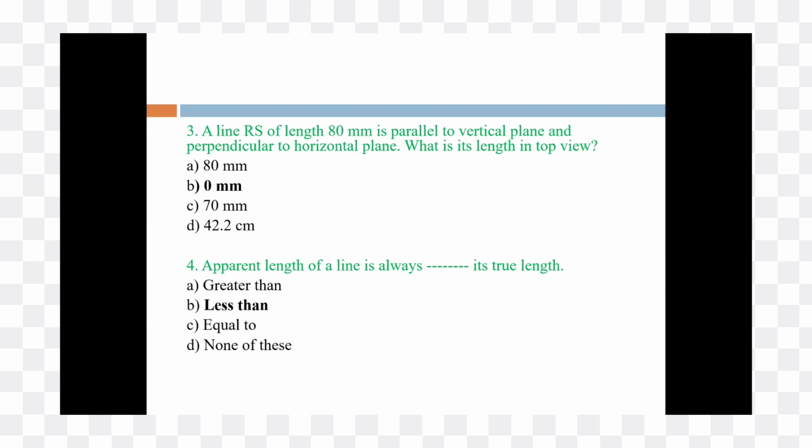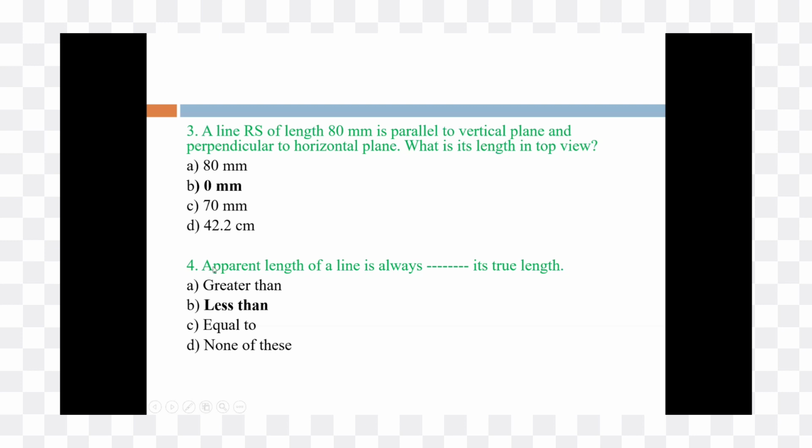In the previous one they asked the length of the line in the front view, and here they ask what will be the length in the top view. As I told in the second question, in the top view we get a point view. That means the length we get in the top view will definitely be 0. That's why the answer B is correct here.